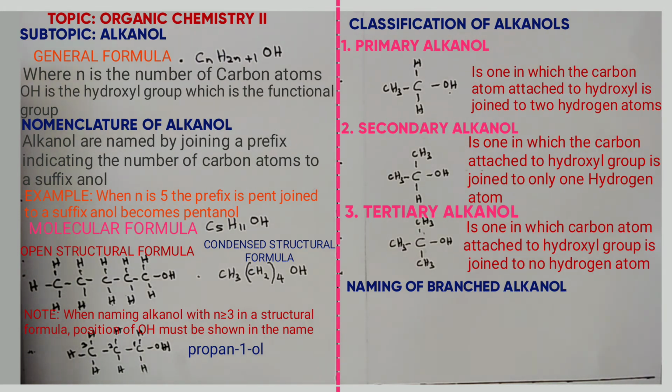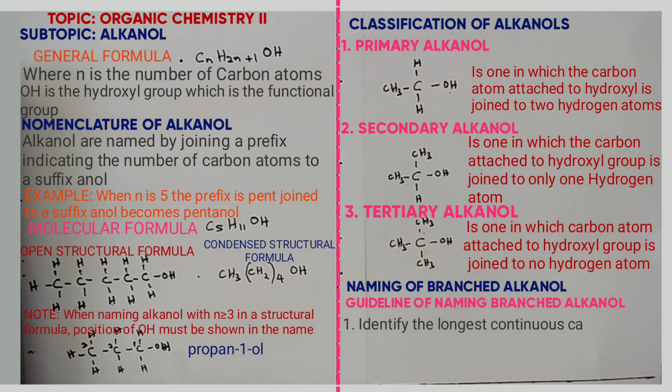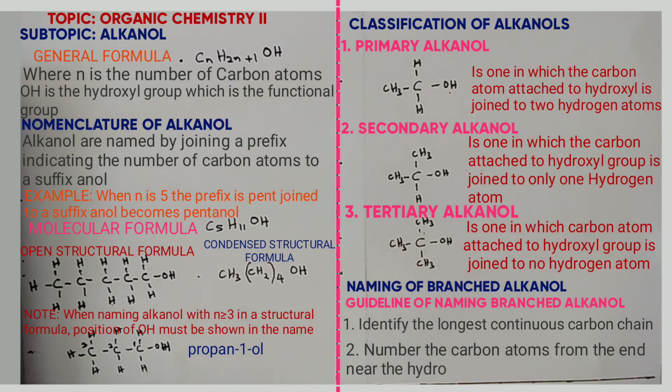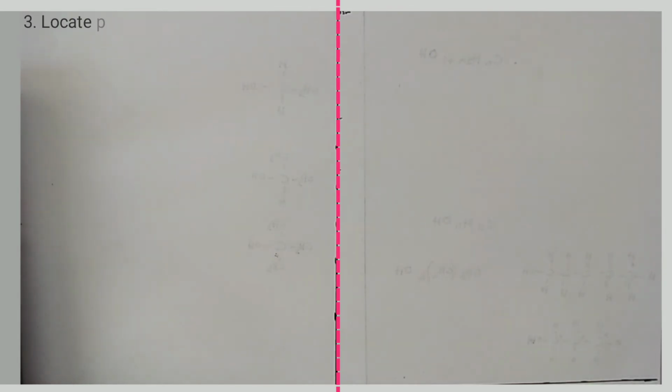Now the rules of naming a branched alkanol: one, identify the longest continuous carbon chain containing the hydroxyl group. Two, number the carbon atoms from the end near the hydroxyl group. Three, locate the positions of the branches.